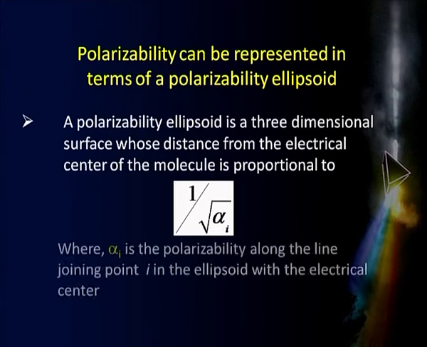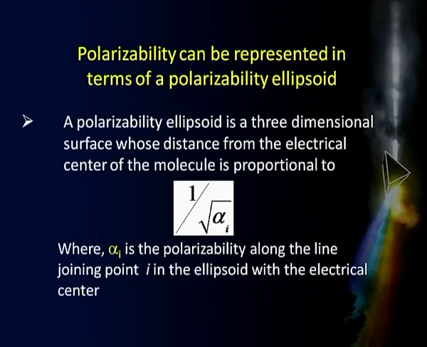As I just mentioned, alpha_i happens to be the polarizability along the line joining a point i on the ellipsoid with the electrical center. That means, if I have a molecule, the molecule has an electrical center, and if I have any point on the ellipsoid, this distance is what is going to be determined by the magnitude of polarizability along this direction. So, that is the way we generate the polarizability ellipsoid.